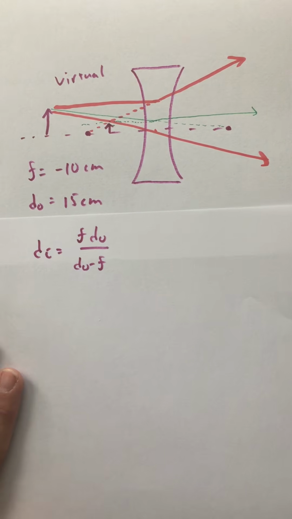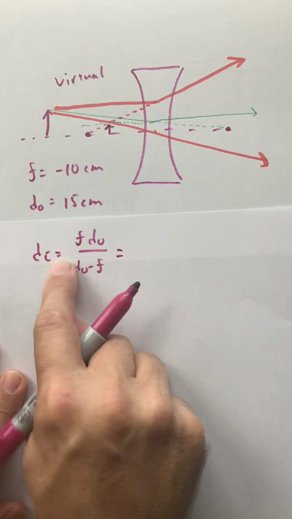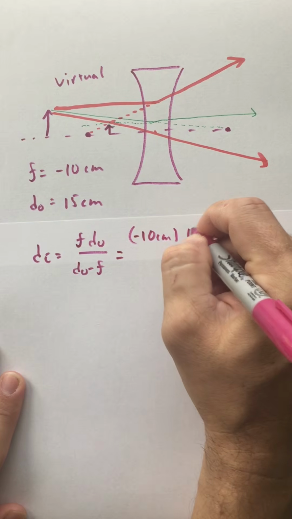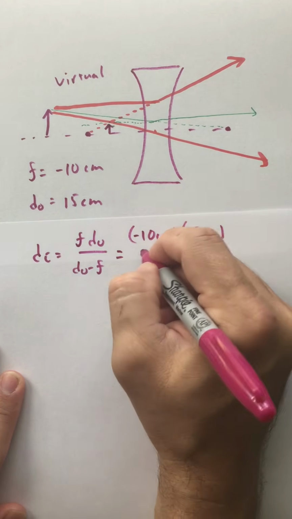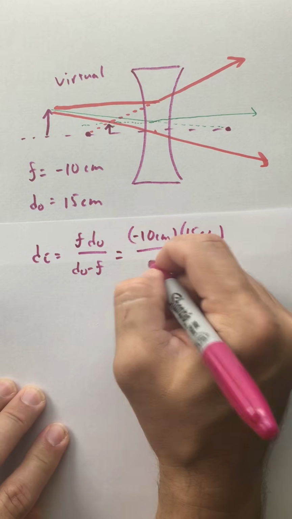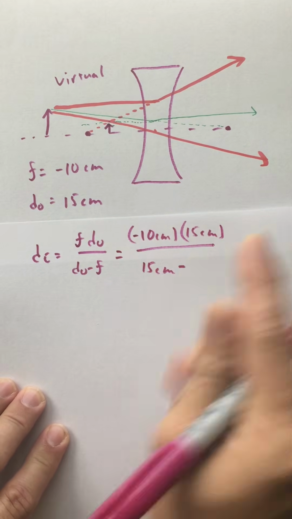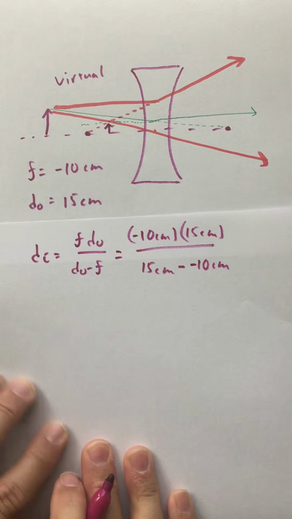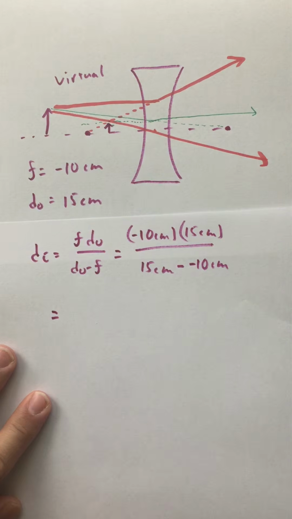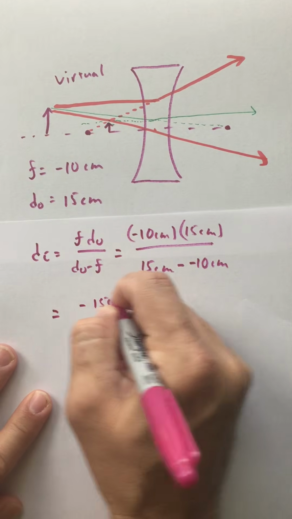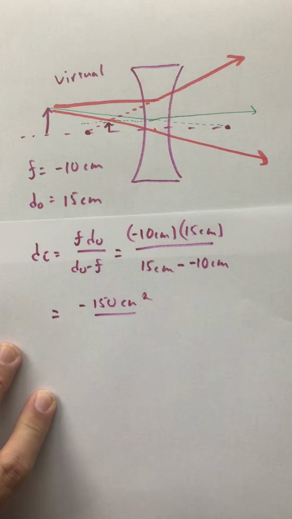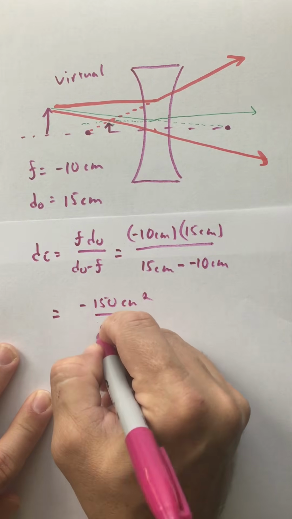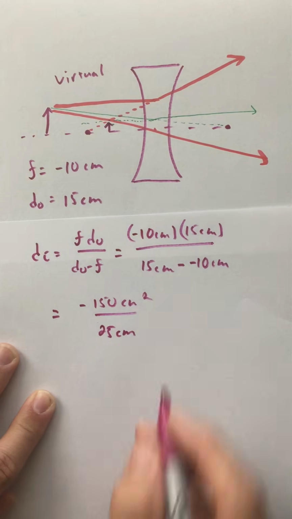All right, so put this in. I get minus 10 centimeters times 15 centimeters over 15 centimeters minus negative 10. Keep track of your negative signs, which gives me negative 150 square centimeters over 15 minus negative 10 is 25 centimeters.